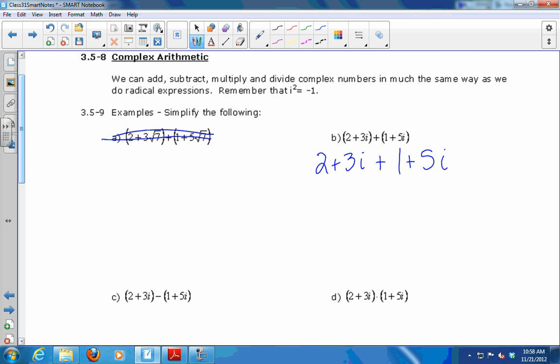Now, if i were a variable, what would the answer to this be? How would you add these together? 3 plus 8i. That's how you do it. Nothing new here. You add the real parts, and then you add the imaginary parts.